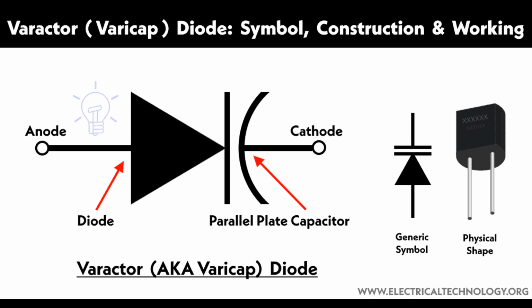Oscillation range. The range of frequencies over which a VCO can operate is referred to as its oscillation range. This range is determined by the VCO's design and the properties of the components used. 3. Tuning sensitivity. Tuning sensitivity refers to the rate of change of the VCO's output frequency with respect to changes in the input control voltage.